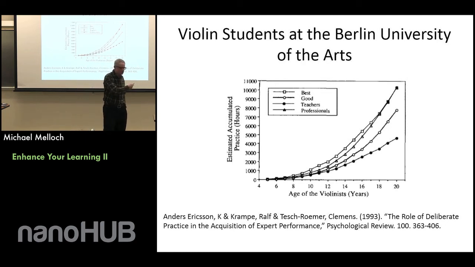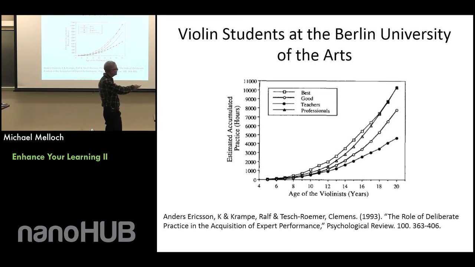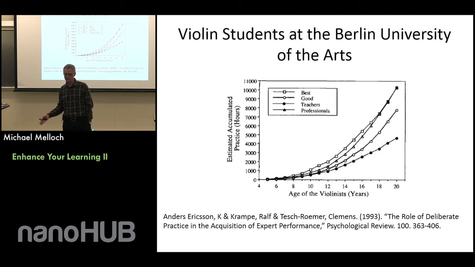One category was the best. These were students they thought might become international soloists. The good ones were ones they thought would become members of some city orchestra somewhere. And then the ones they thought their careers would be teaching little kids violin for the rest of their lives.